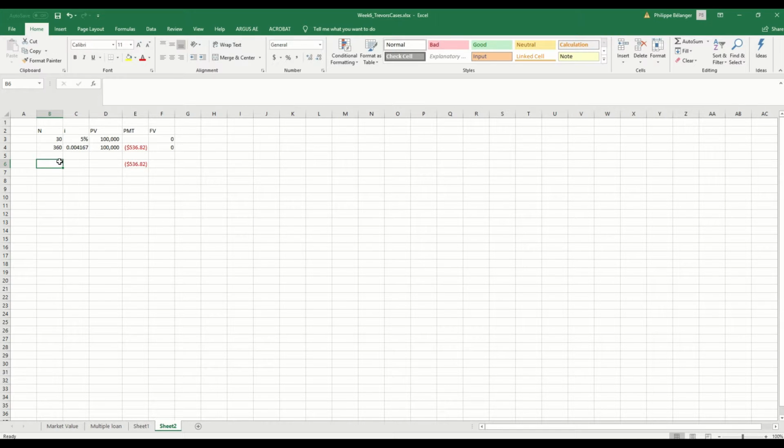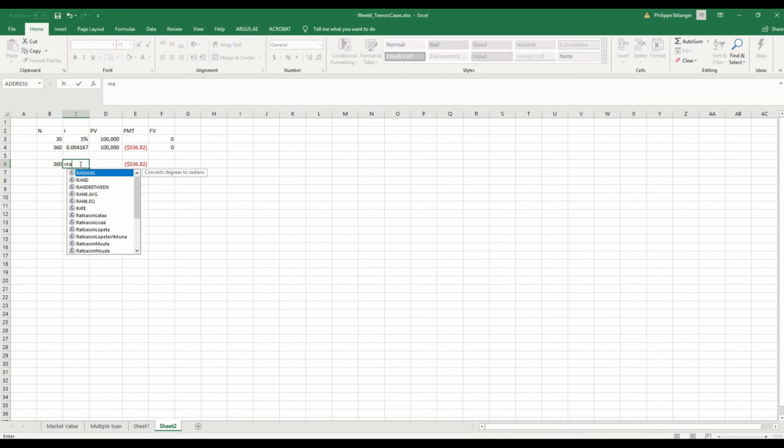If we want to have the number of periods, it's NPER: the rate, the payment, the present value, and the future value. Obviously, since we computed the payment in order with all the other variables, we get 360.